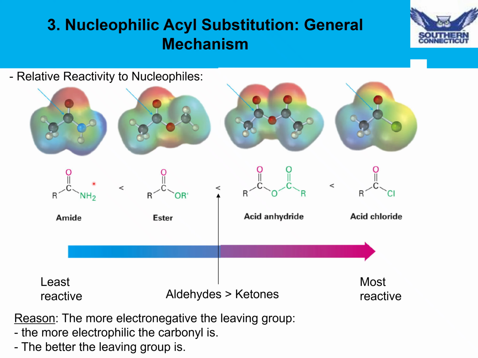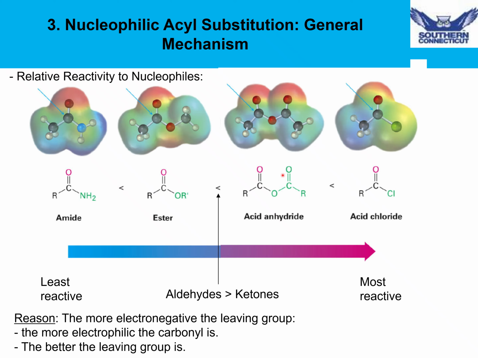And amides have the worst leaving group of the acid derivatives shown here. How good of a leaving group it is depends on a few factors, for example, the electronegativity of the atom that is attached to the carbonyl. It also has to do with the resonance stabilization of a negative charge.